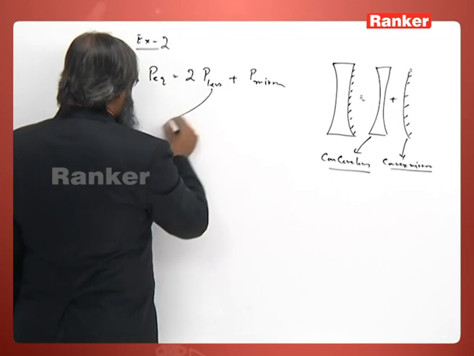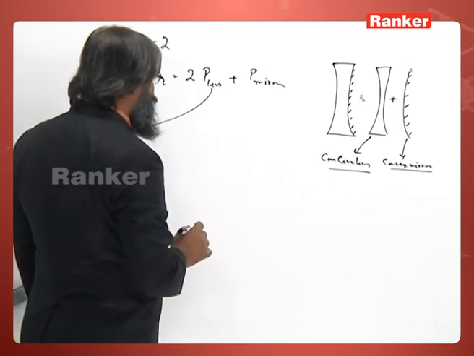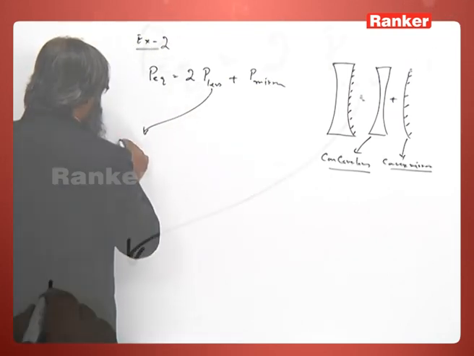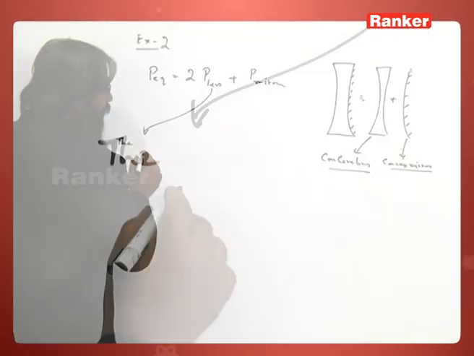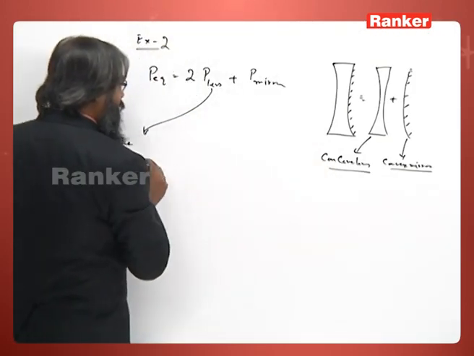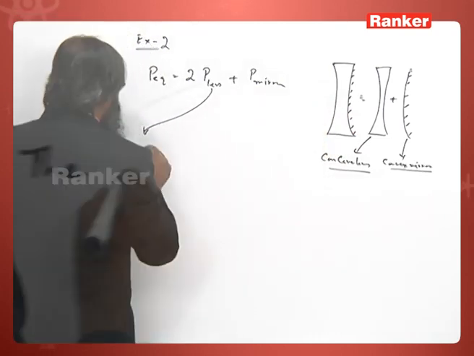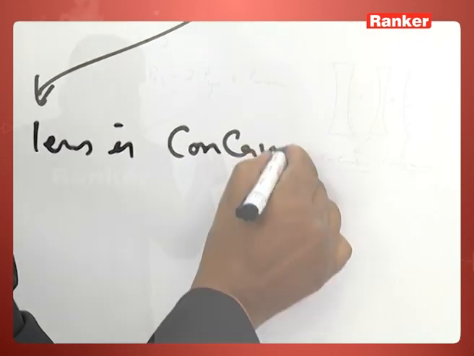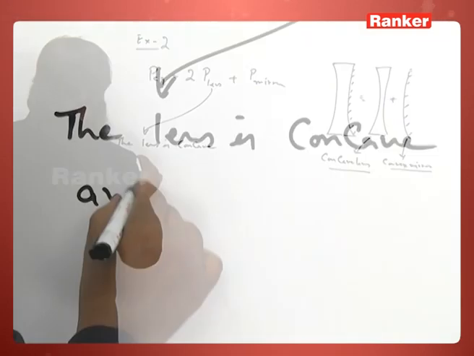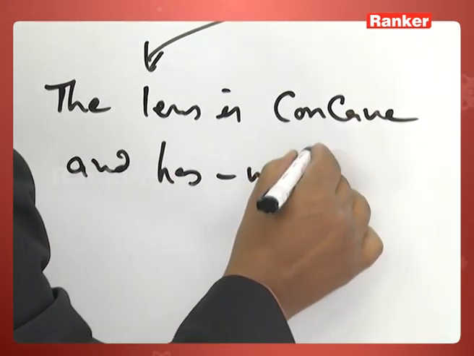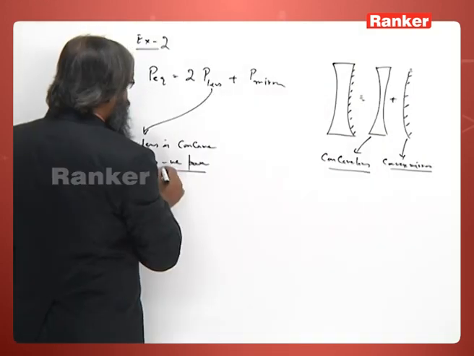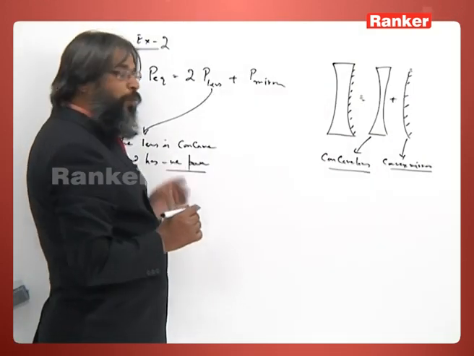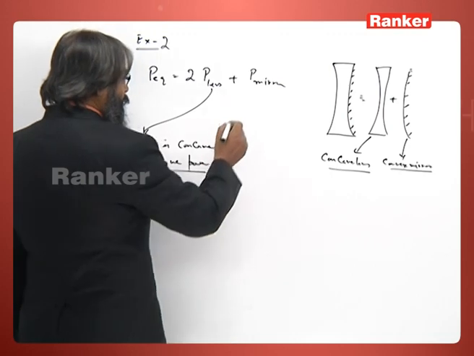So, let us see what is this term lens. Here the lens is a concave lens. The lens is concave and has negative power. This is a diverging lens whose power is said to be negative.